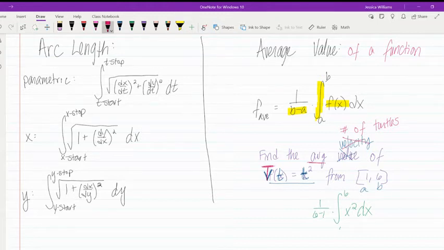Okay, on this side are all of the different ways to do arc length. And the reason that there are 3 is because sometimes you're working with respect to x, with respect to y, and then this one's your parametric. Let's take a second and look at this. Look at it, stare at it for 5 seconds. 4, 3, 2, 1.